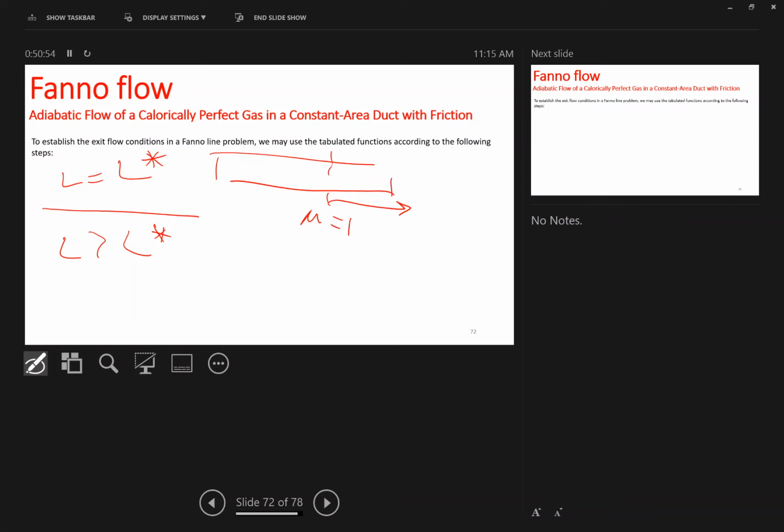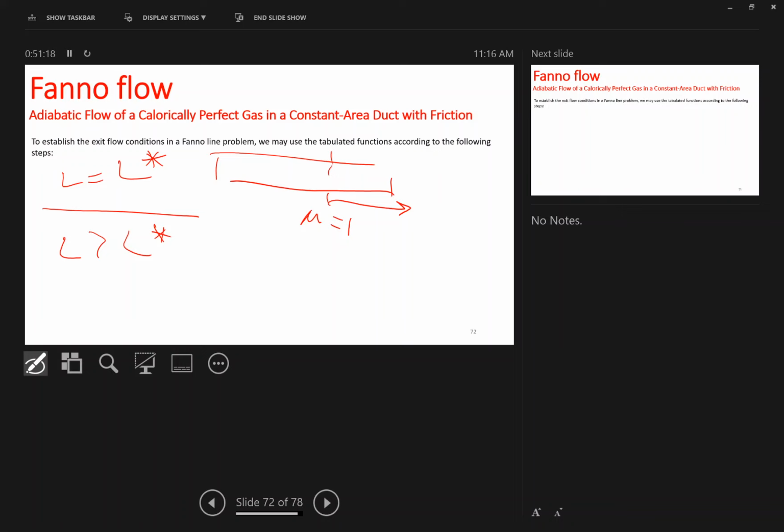And you find a new inlet parameter for that type of duct. Does this make sense? So you have an old L star, you assume the new L star is essentially the L, and based on the ratio, and you have already found the P star, whatever, right?